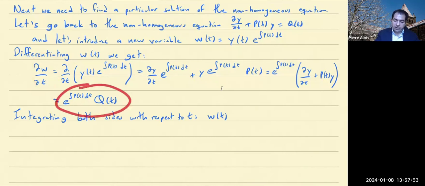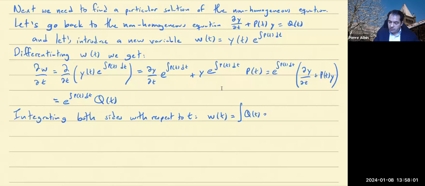And then the right-hand side is equal to this. So I'm integrating q of t times the exponential of the integral of p of t dt, and then plus a constant. Of course, when I integrate the left-hand side, I really get w plus a constant, but it's enough to put one constant in this equality. I don't need to put a constant on each side.